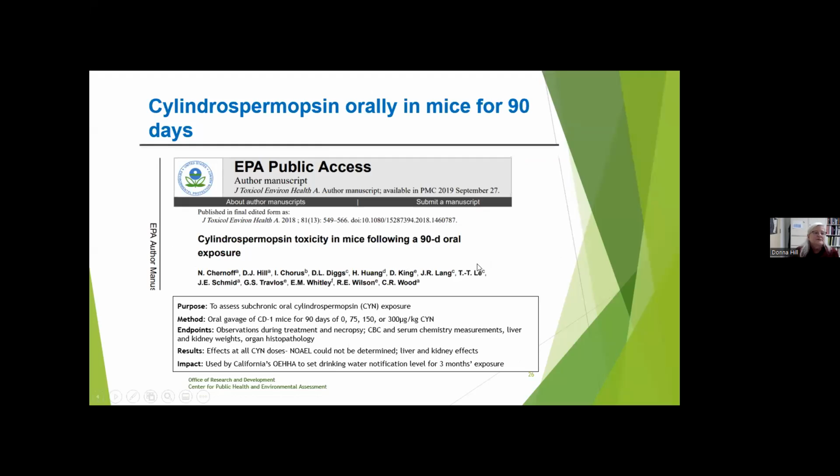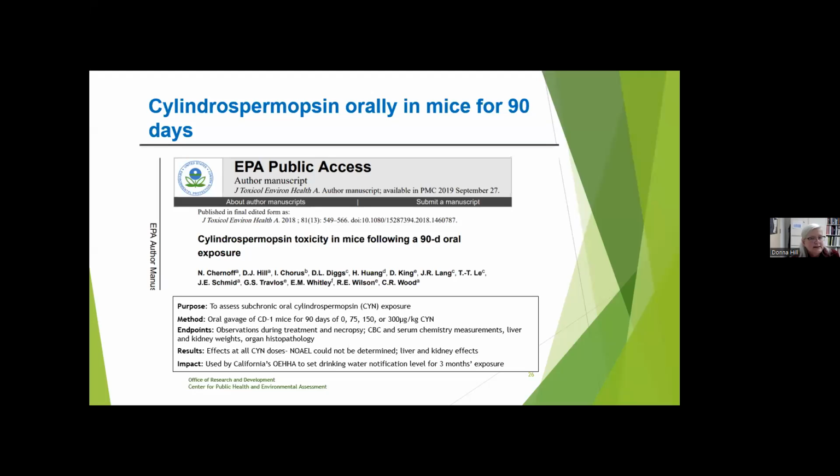I just want to go over some of the work that we've done in this lab in the past several years. To give you an example, we did a 90-day cylindrospermopsin study. The mice were dosed orally for 90 days, at relatively small doses. 75 was the smallest dose, and 300 was the highest dose, in micrograms per kilogram once a day.